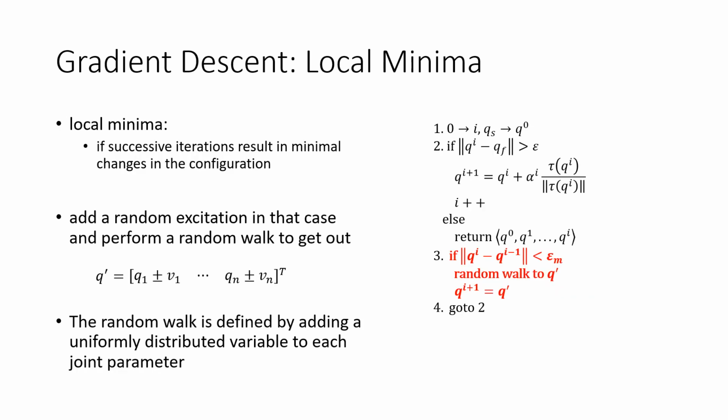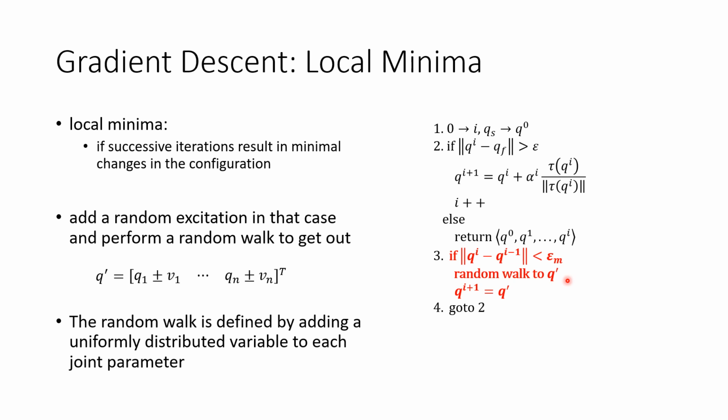Algorithmically, the first challenge is to find out whether we are stuck in the local minima situation or not. The answer would be to check whether your successive iterations are giving you minimum changes in the configuration. If that's the scenario, that would be caught by this statement. Then you have to find a remedial step, and the remedial step is to take a random walk to a configuration Q prime.